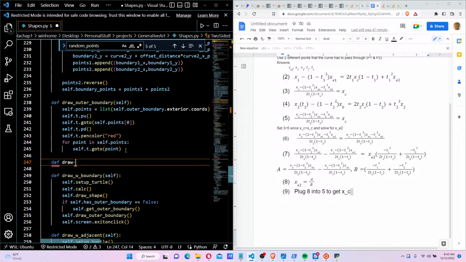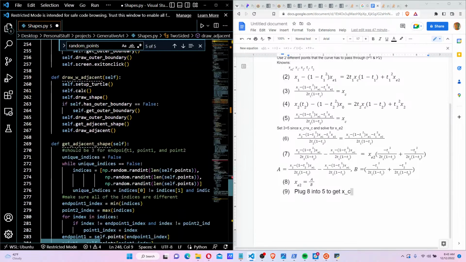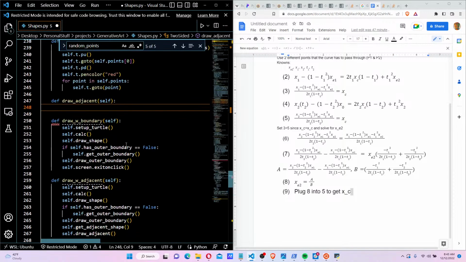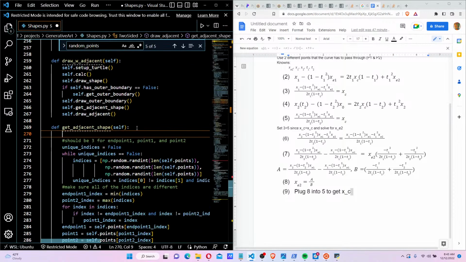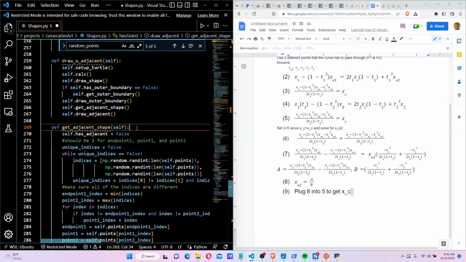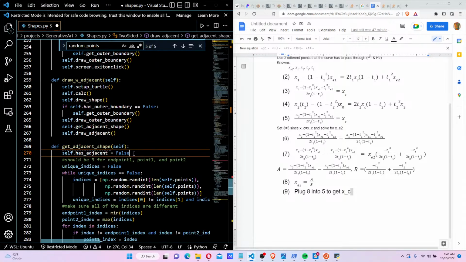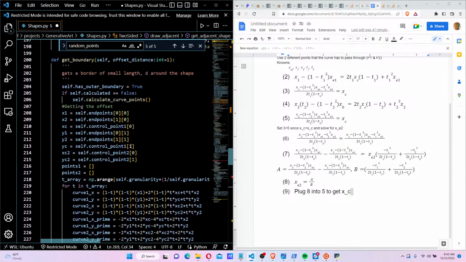Define draw adjacent, self. Self.has adjacent. So I'm going to do another Boolean flag. Has adjacent is equal to, oh, I guess that's set to true once I do get adjacent shape.